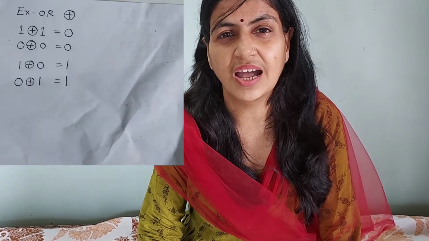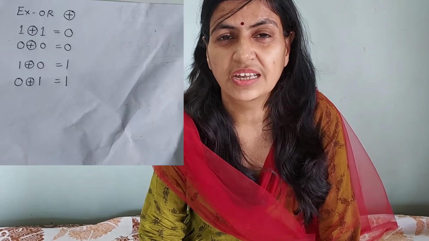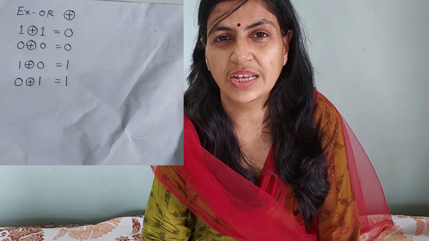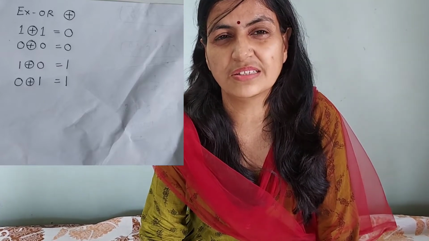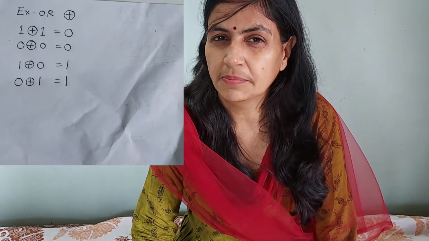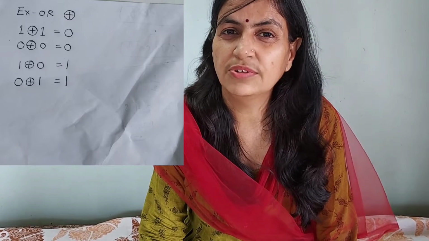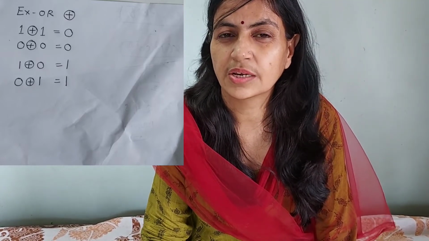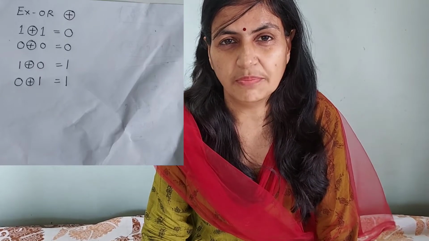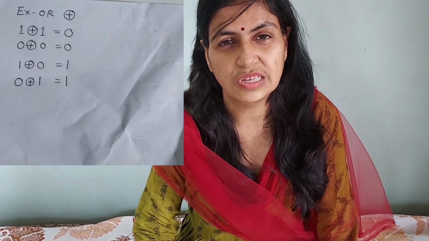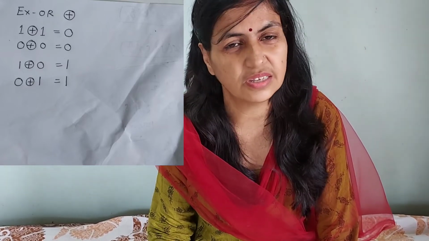We know that when similar bits are operated in XOR operation, the result is 0, and when different bits are operated in XOR operation, the result is 1. For example, 1 XOR 1 is equal to 0, 0 XOR 0 is equal to 0.